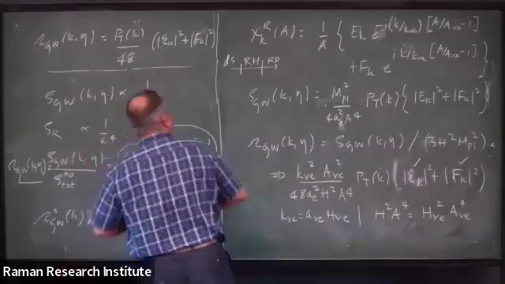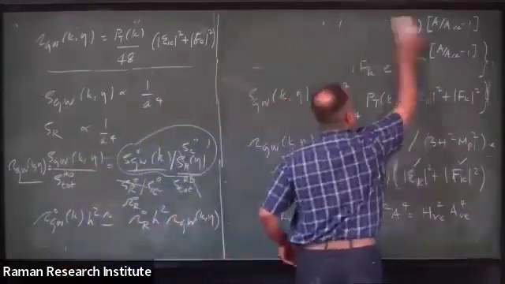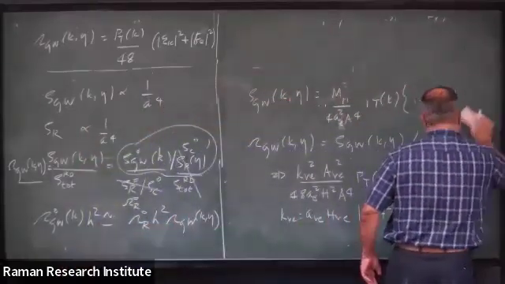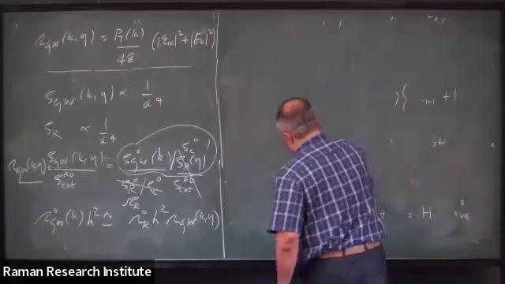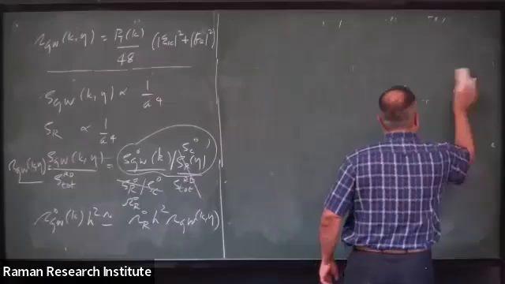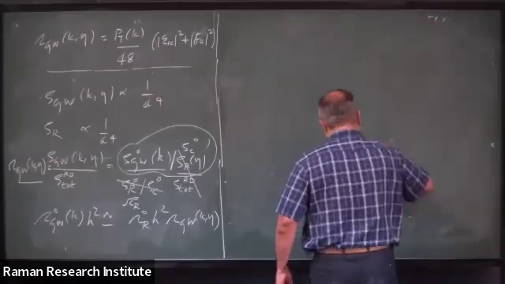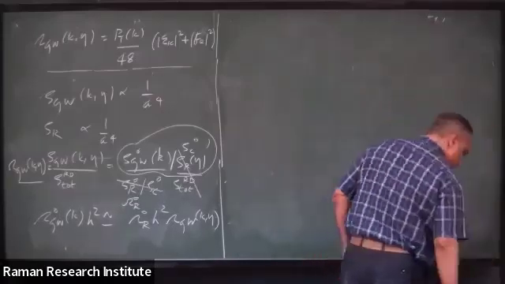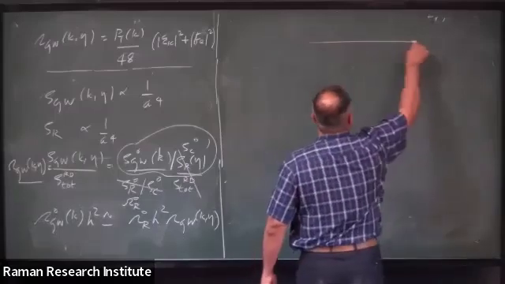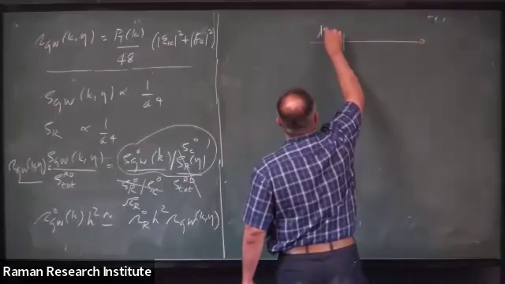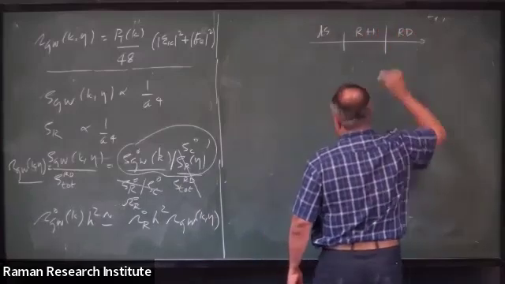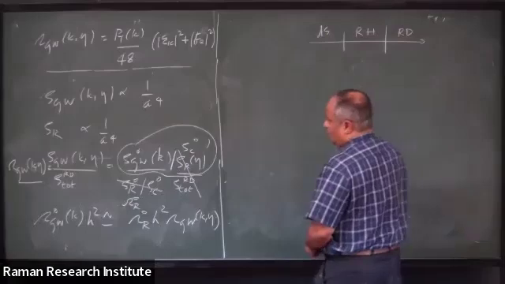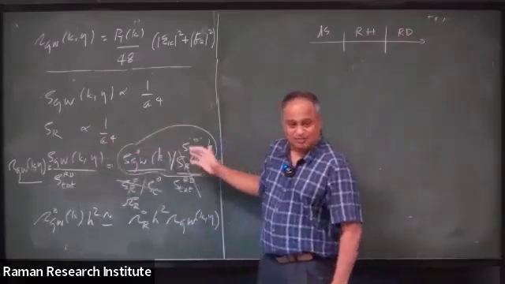I'm sorry about this messy blackboard, let me clean it up and indicate what we have done. We would like to do this: de Sitter, reheating, radiation domination. And you know what I have done post that epoch.